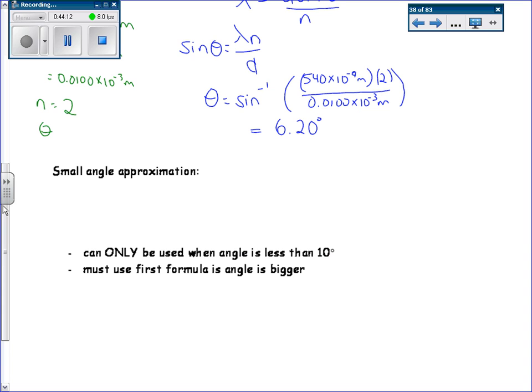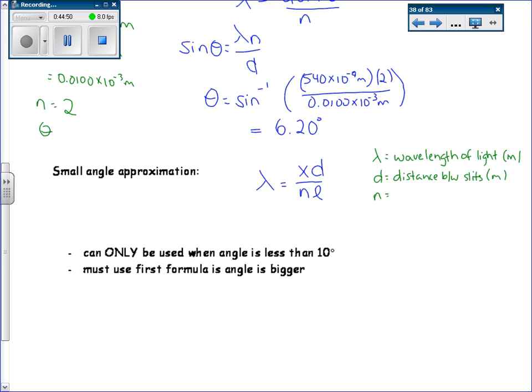Okay. The small angle approximation is a slightly different formula. There are a lot more places to make mistakes in it. Its lambda is equal to xd over nL, where lambda is still the wavelength, and that's in meters. D is still the distance between the slits, and that's in meters.